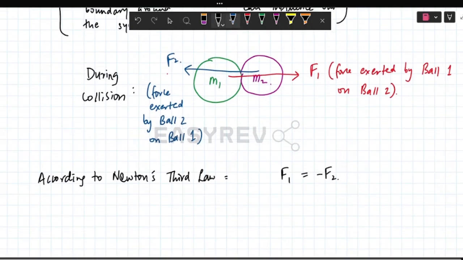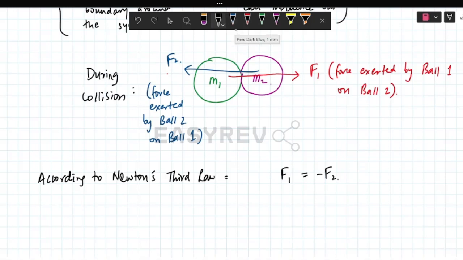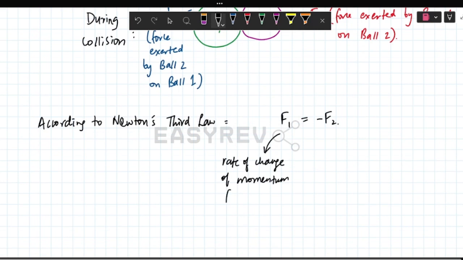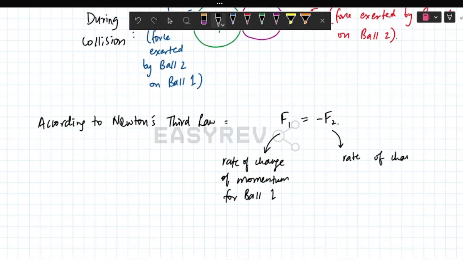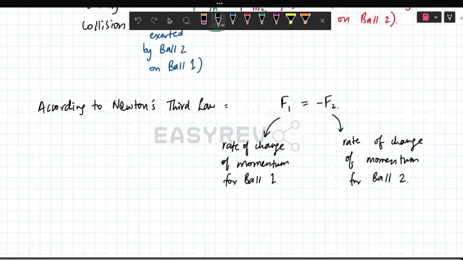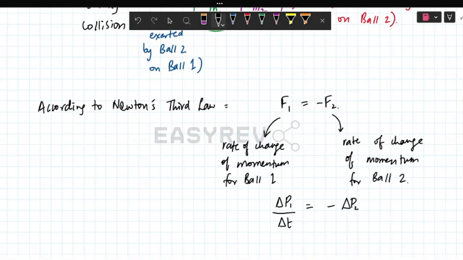F1, since it's the force that ball 1 is exerting, I can rewrite as the rate of change of momentum specifically for ball 1, whereas F2 I can write as the rate of change of momentum for ball 2. So let me rewrite this in a more equation-like format. F1 is the change in momentum for ball 1 divided by the time interval of collision, and F2 is the change in momentum for ball 2 divided by the time interval.